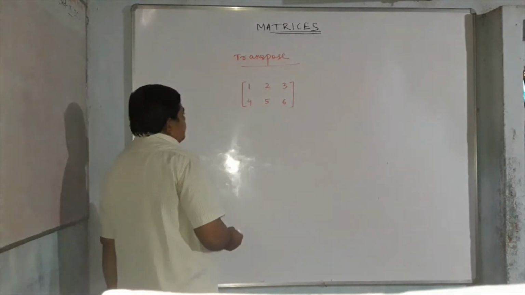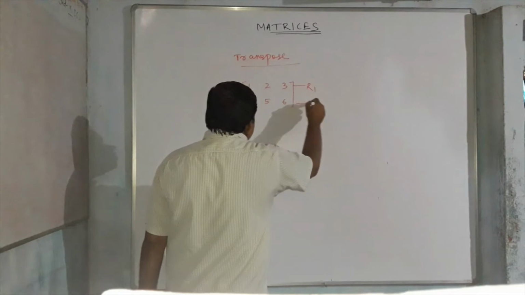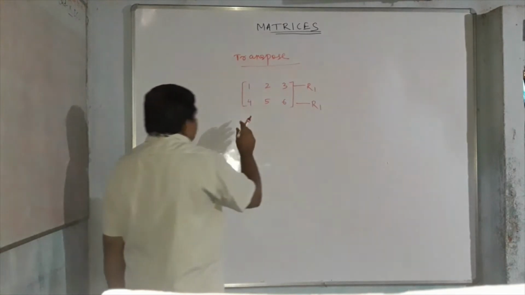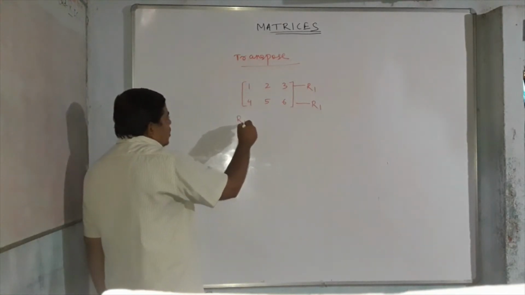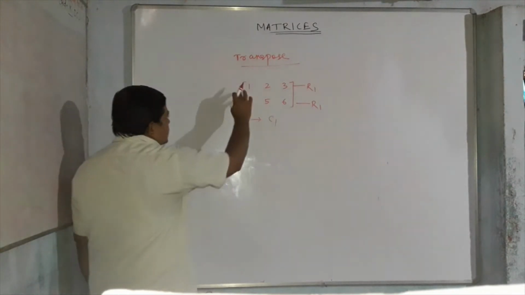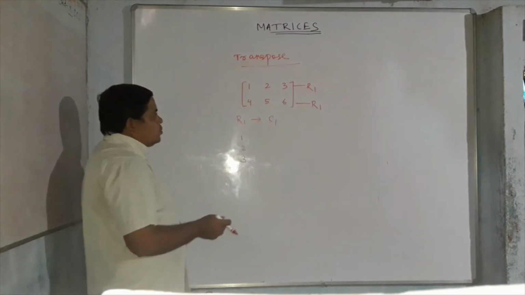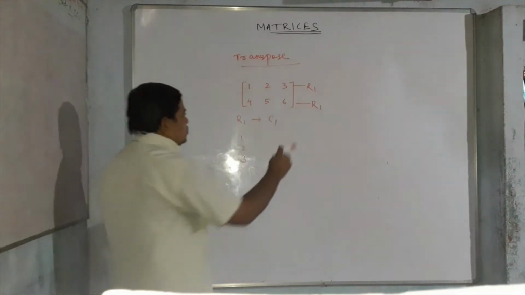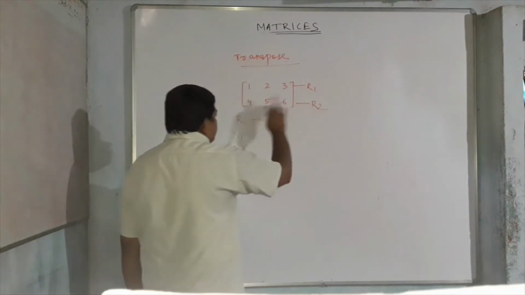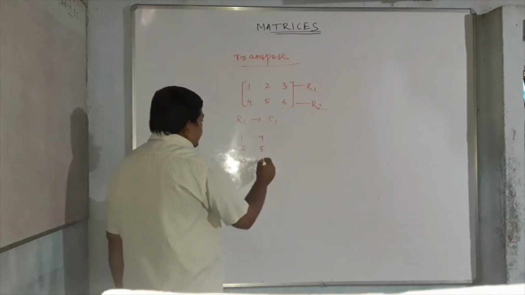Now this one is row 1, this is row 2. In the transpose of a matrix, row 1 will change into column 1. This 1 2 3 I will make in the form of a column, so I write 1 2 3. Now row 2 I will change into column 2: 4 5 6.